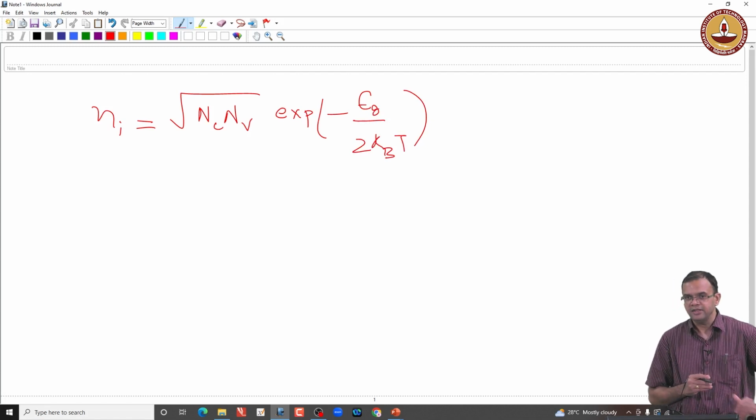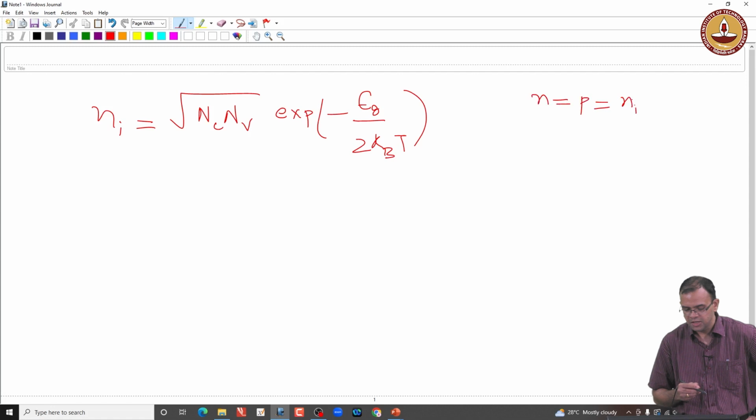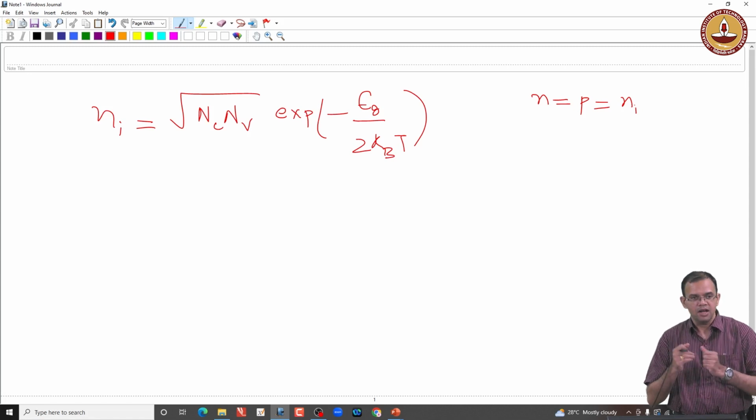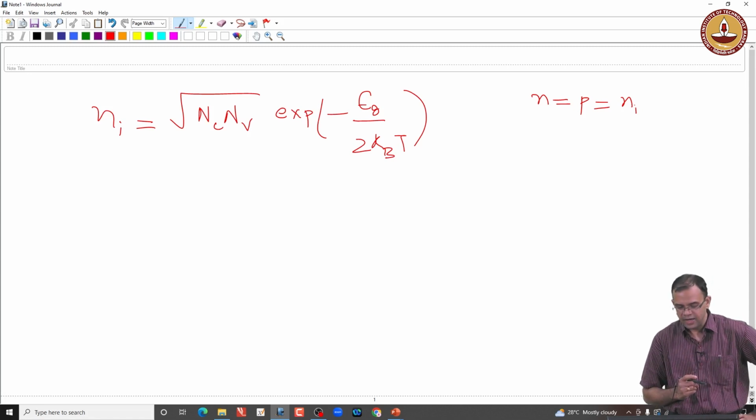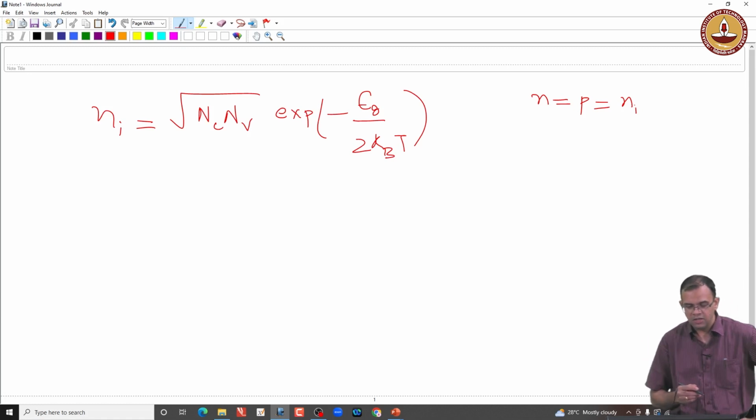Because this is an intrinsic semiconductor, the concentration of electrons is the same as the concentration of holes, so n equals p equals Ni. I think that's what Professor Celso was also saying, that any electron in the conduction band is coming from the valence band, and the moment an electron jumps, we say that there is a hole in the valence band.